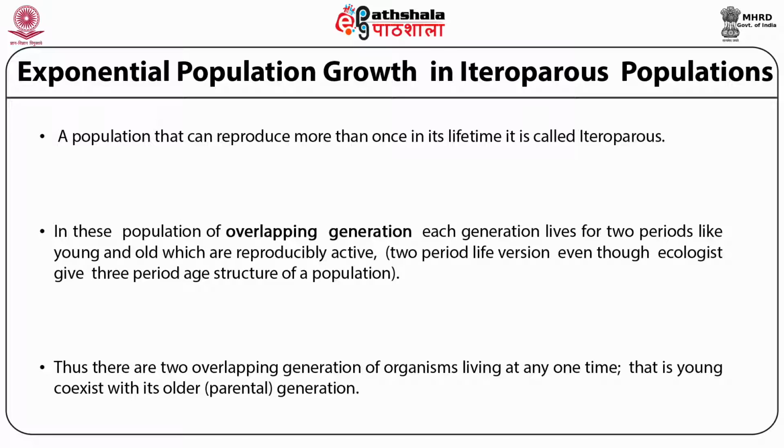In case of naturalists or ecologists, the lifespan of an individual is divided into three: pre-reproductive, reproductive and post-reproductive, which is different from the age groups in the case of population ecology.